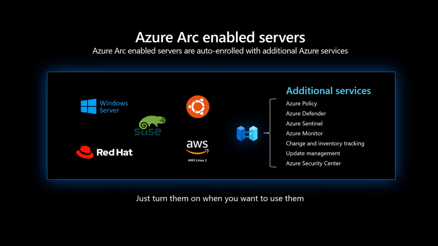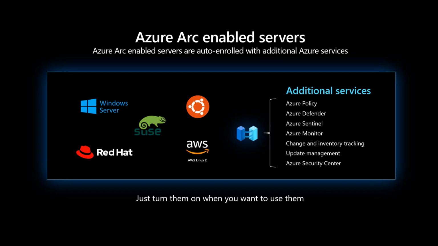Now, I must warn you, you might have some trouble here and there with different Linux flavors. In our experience, for example, when you enable things such as Azure Monitor and the dependency agent on a CentOS image, if it's the correct version, it works perfectly well. On some versions of Ubuntu, you might have some issues with the dependency agent. So it depends a little bit on the flavor if it's going to work well or not.